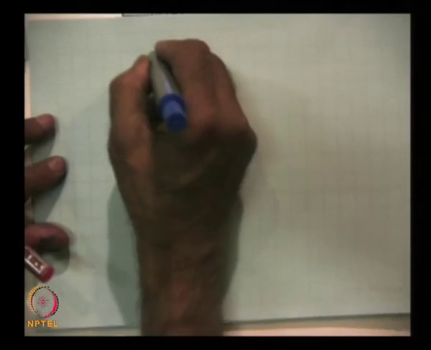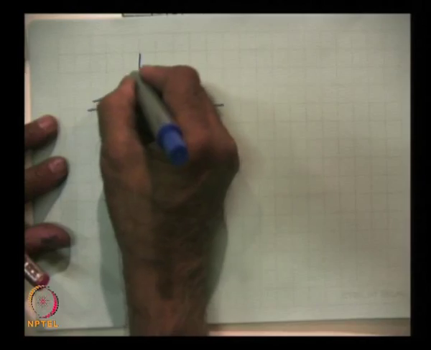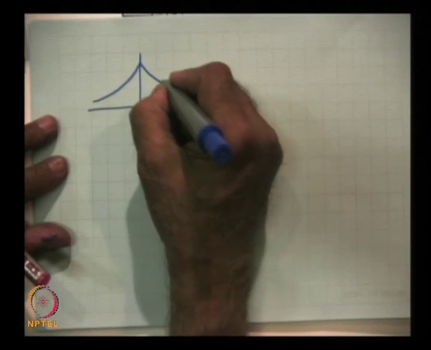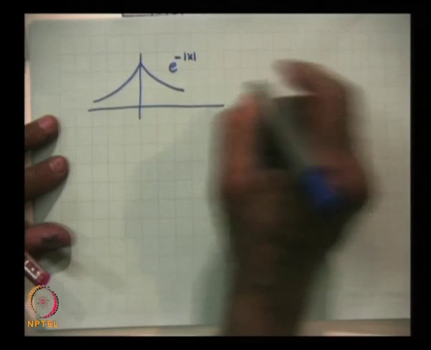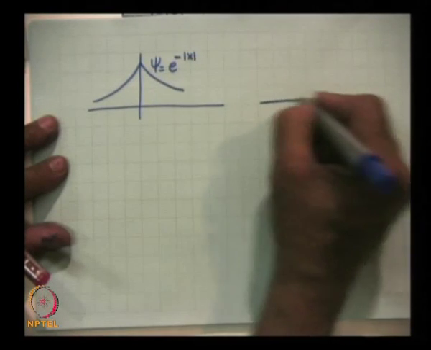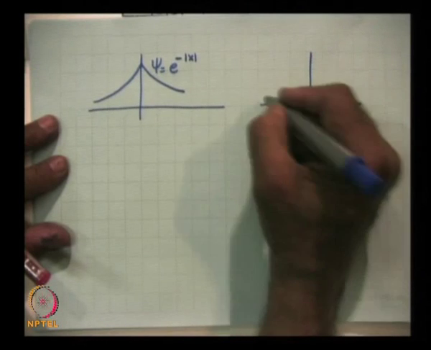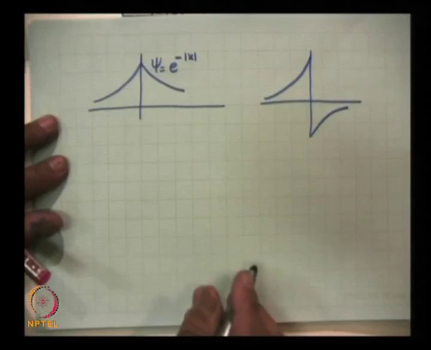I had done this before, that if you plot e to the power of minus mod x, it will be something like this. This is e to the power of minus mod x. Let us suppose this is the psi. If you plot the derivative of this wave function, it will have a discontinuity.